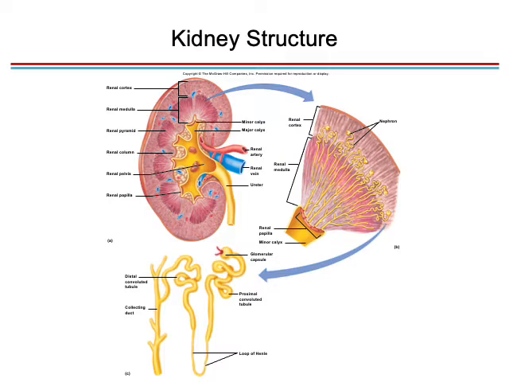That is known as the nephron. The nephron is the functional unit of the kidney. It is the nephron that we're going to spend the next 22 slides and part 2 on. We're going to talk about you and your nephron.